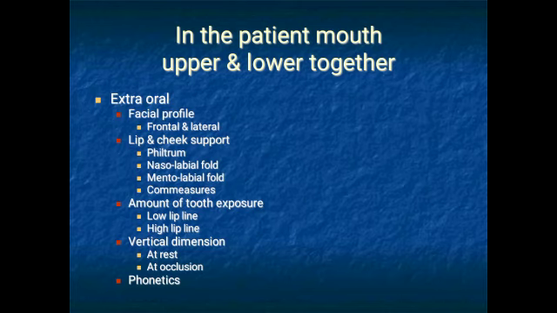Physiological rest position: the patient is seated in the dental chair, so the ala tragus line should be parallel to the floor. Two points should be marked, one point on the nose and the other on the tip of the chin. The patient is asked to relax and swallow, and the distance between the points is measured and recorded.